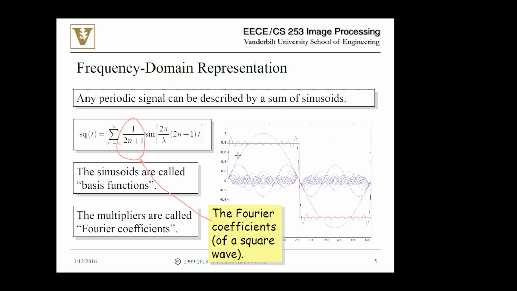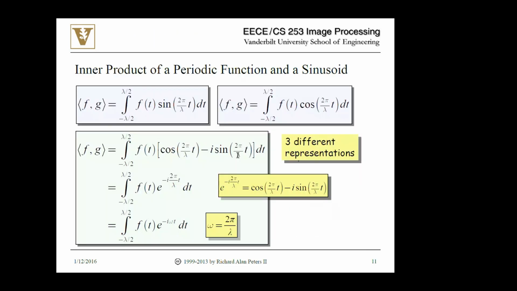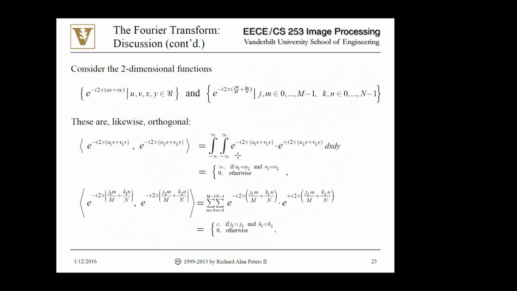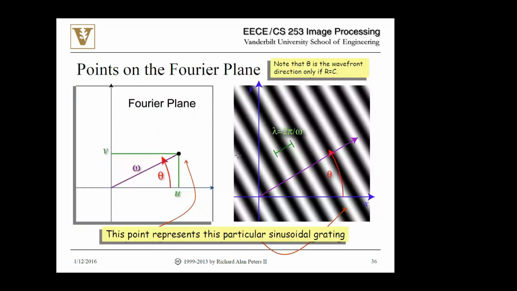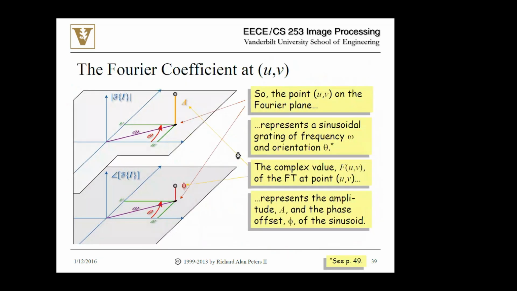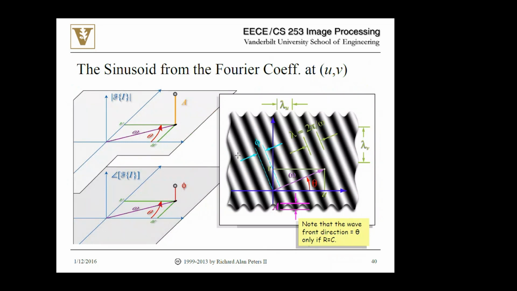So now what we are saying, any image can be decomposed into waves where you are controlling the amplitude, the phase, and the frequency. Exactly the same.